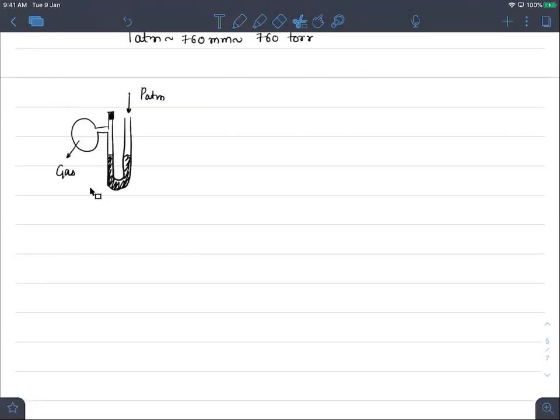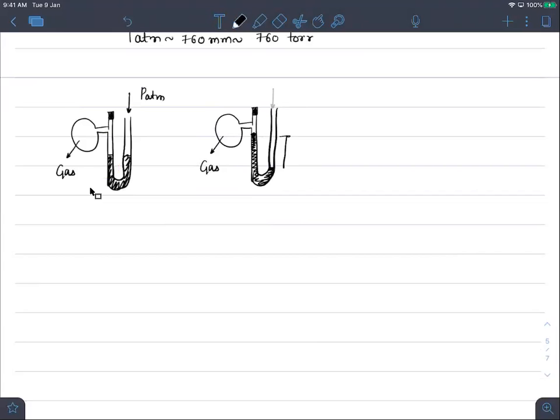Due to atmospheric pressure, what would happen? Here, due to atmospheric pressure, we can find out that this height in the column will change. So the height might increase to this point, and it will decrease to this point here. So something like this will happen.